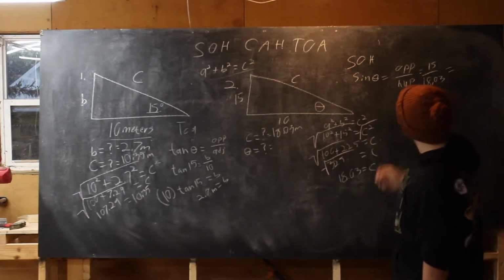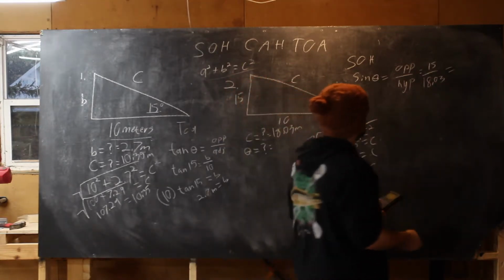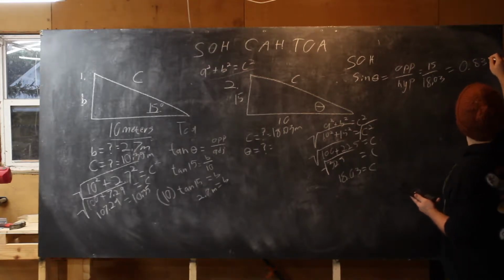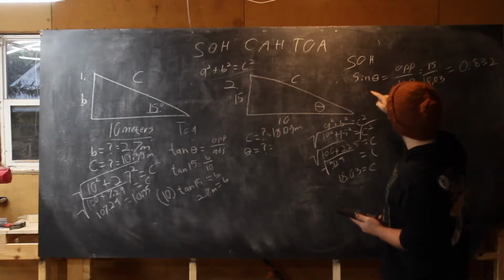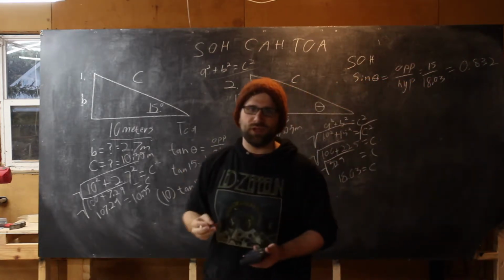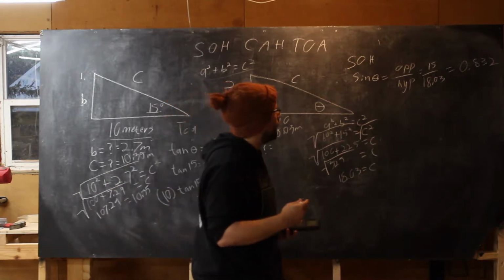So that'll equal some specific value, and that'll be 0.832. When I'm using sines and cosines and tangents, I usually like to keep my decimal places to the third place. I find that gets me a more accurate angle on the other side.